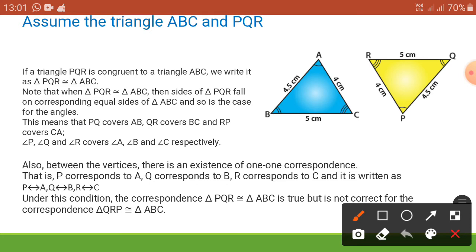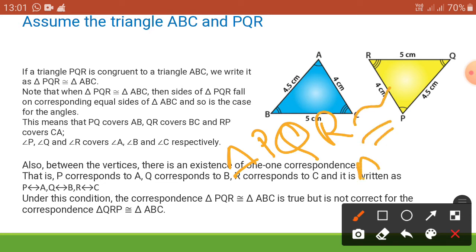If I write that triangle PQR is congruent to triangle ABC, then the sides of triangle PQR fall on corresponding equal sides of triangle ABC, and so is the case for the angles. This means that PQ covers AB, QR covers BC and RP covers CA. And angle P, angle Q and angle R cover angle A, angle B and angle C respectively.